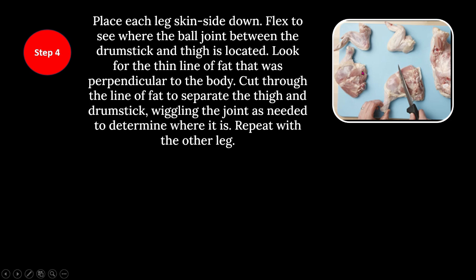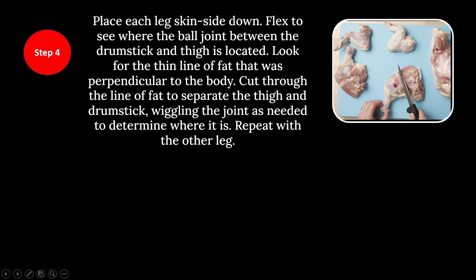That is nothing but the presence of fat, and this accumulation of fat will be there around the joint. So once you locate the joint, place the knife on top of the line of fat and give a press. Automatically these two parts will be separated.